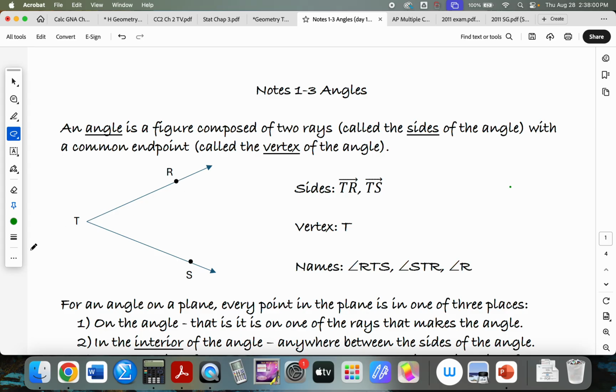It's not going the opposite direction. The vertex is the point where the two rays meet each other. So that's T. For this angle, we can call it angle RTS or STR or, and I apologize for the typo here, please change that to angle T.